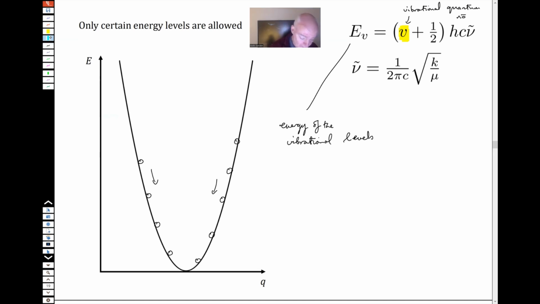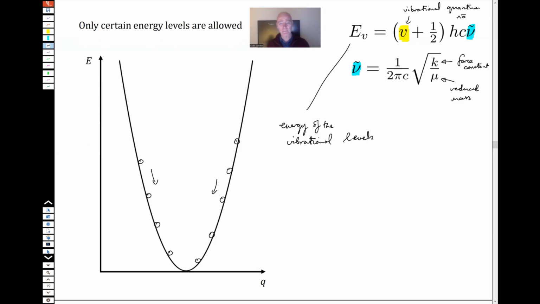One of the key parameters is nu tilde, and nu tilde is related to two things that are quite important. One is the force constant, and the other is the reduced mass.